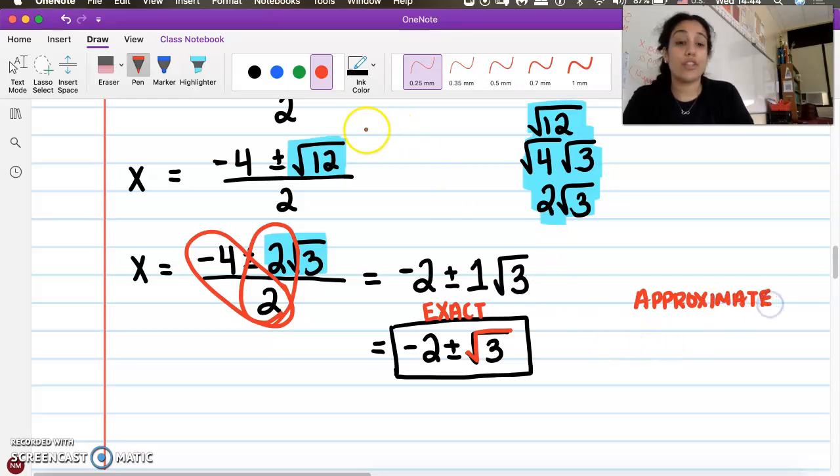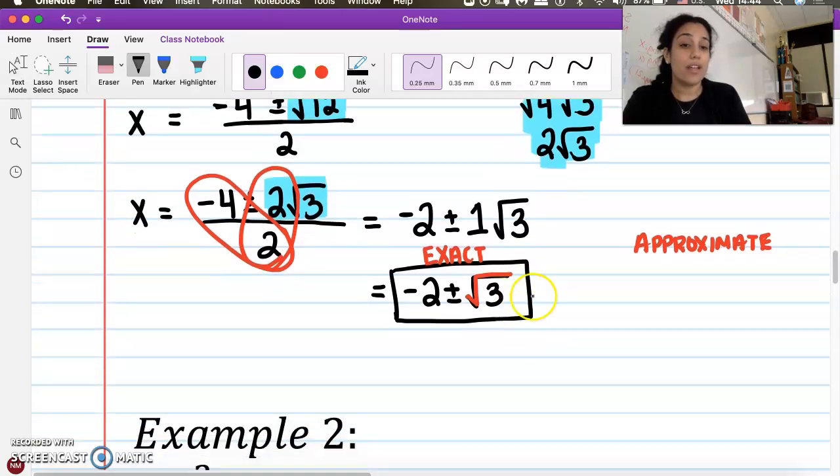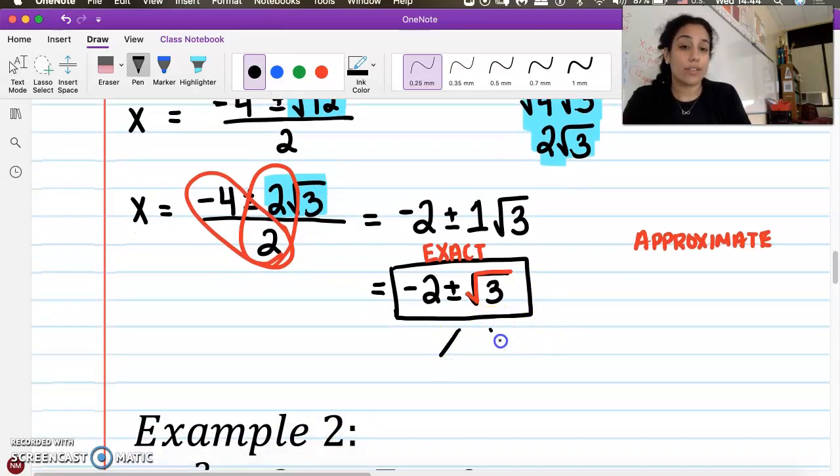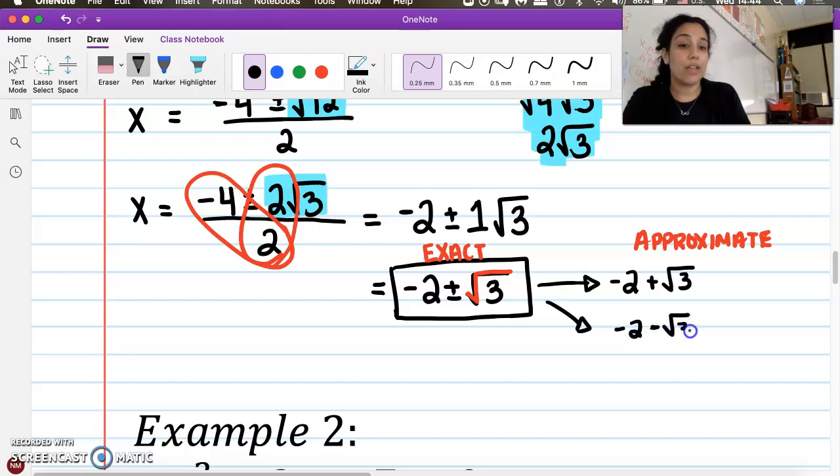I'm going to have to use a calculator and split this up, right? So I'm going to go like this. Actually, we're going to go like this. Boom and boom. And remember, when you have plus or minus, it becomes negative 2 plus root 3, negative 2 minus root 3. And this you just simply put into a calculator.